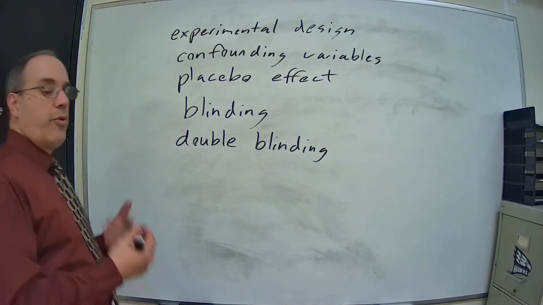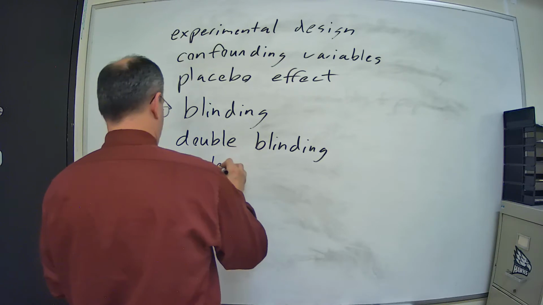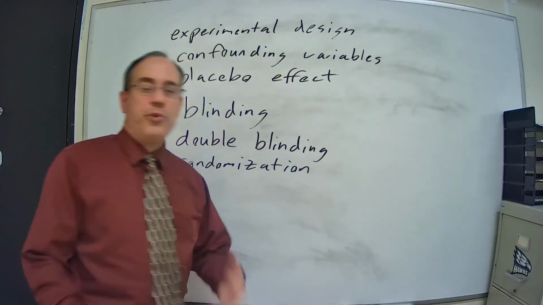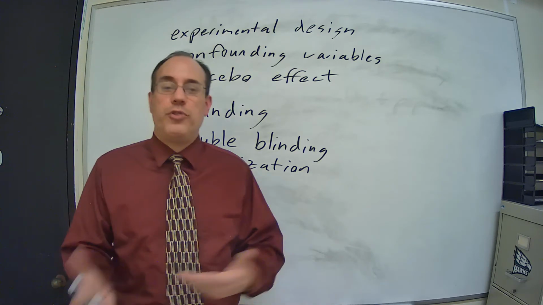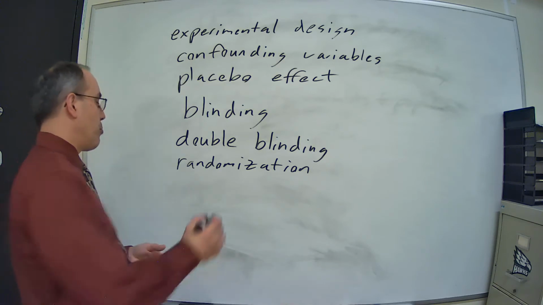Well, then we get into randomization. How do we select who gets the treatment and who doesn't? Well, the first type of randomization we do is completely random.